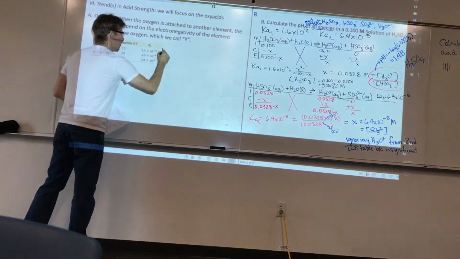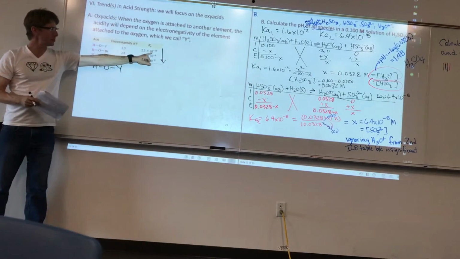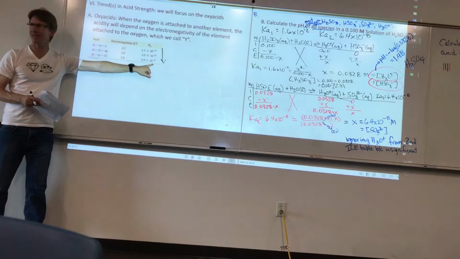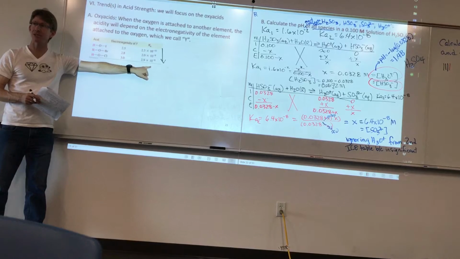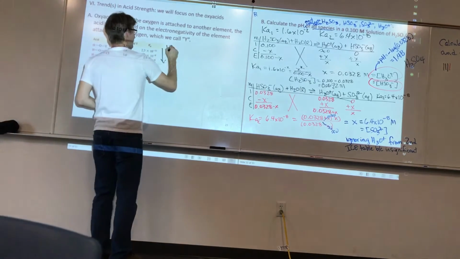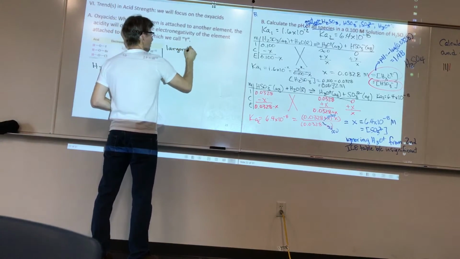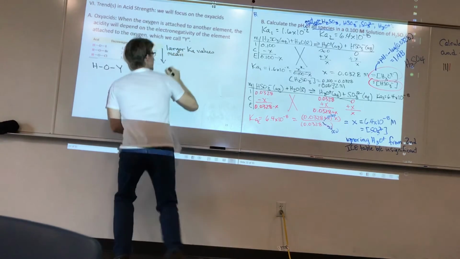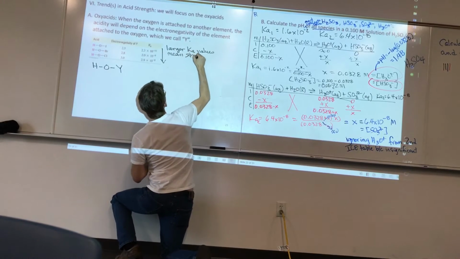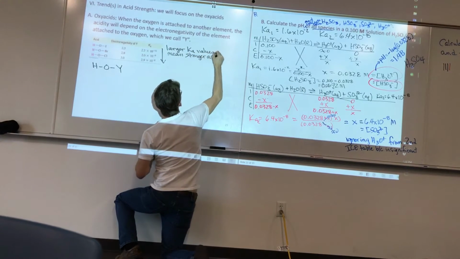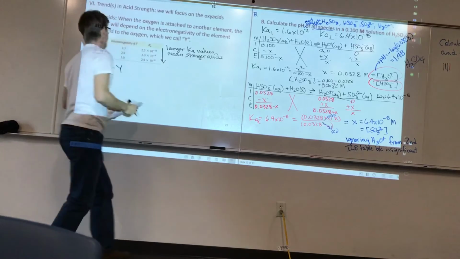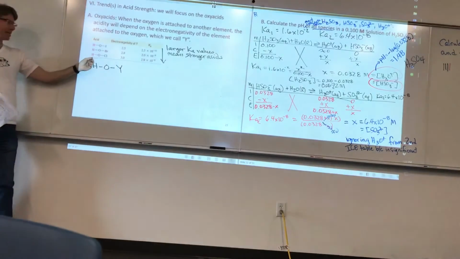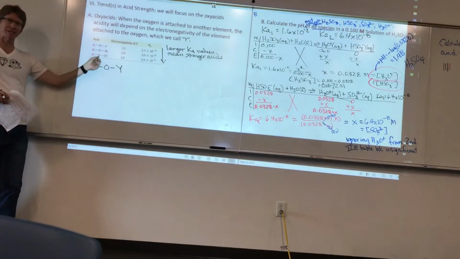We see that as you go down, it goes from -11 to -9 to -8. Larger Ka values mean stronger acids. So of these three, hypochlorous acid, HOCl, is the strongest.